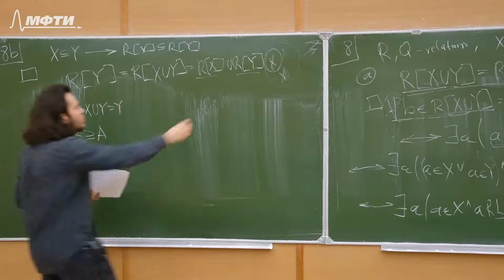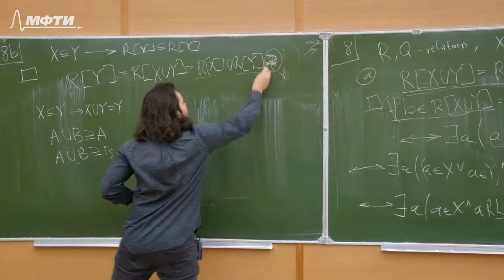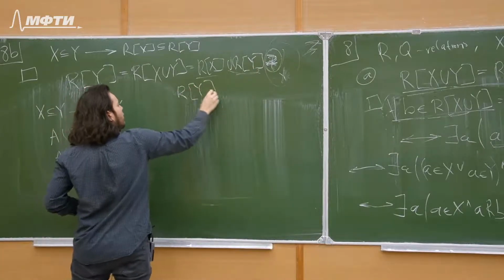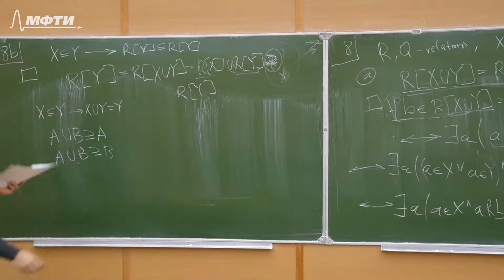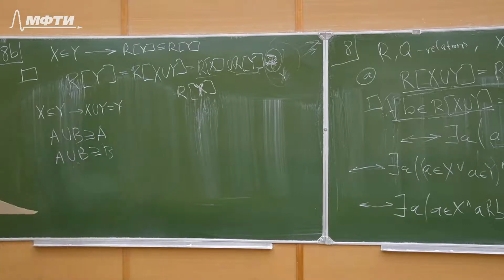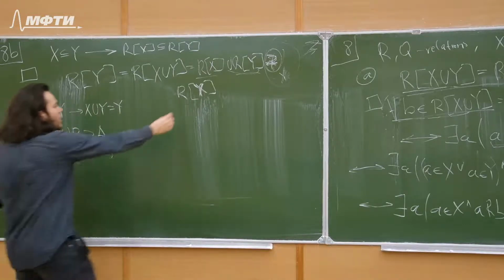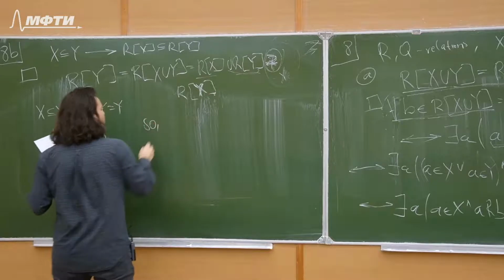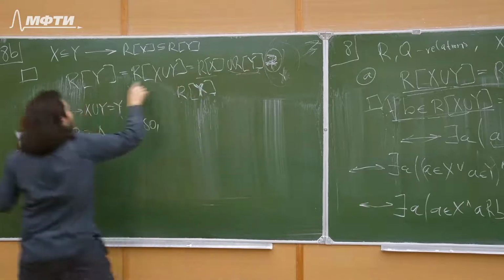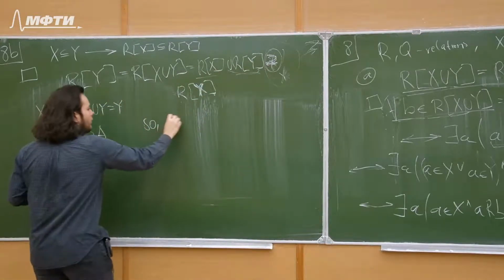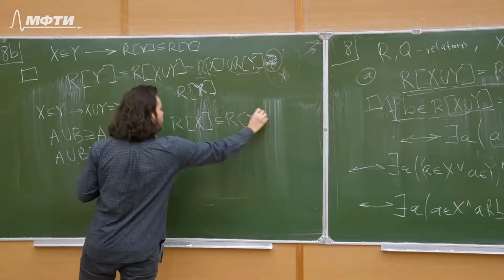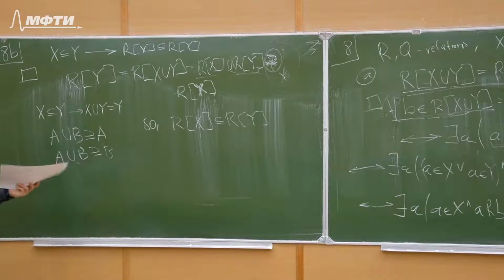So this set contains this one, R of X. That's what we need here. So what did we obtain? We obtained that the image of X is a subset of the image of Y. And that's it.